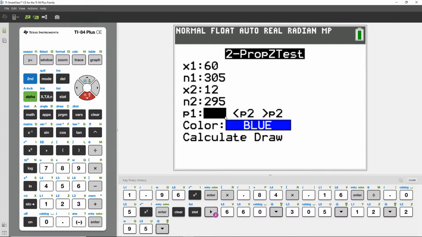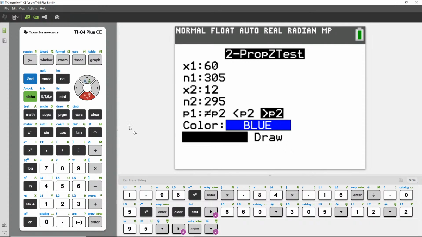And we have to identify our alternative. Well, what we know is that P1 is greater than P2, so that is what we are testing. The alternative is that P1 is greater than P2. And now all you do after that is just hit calculate.